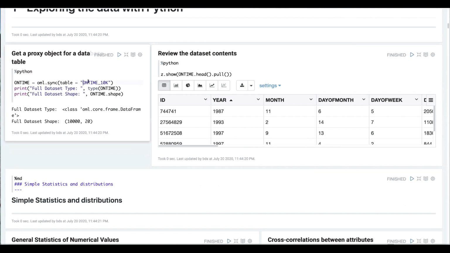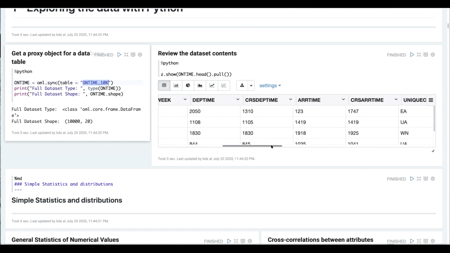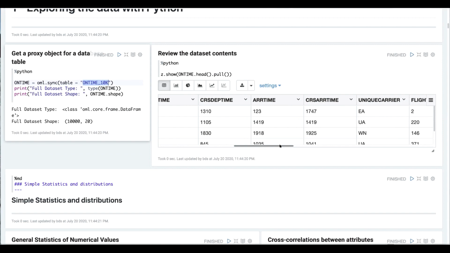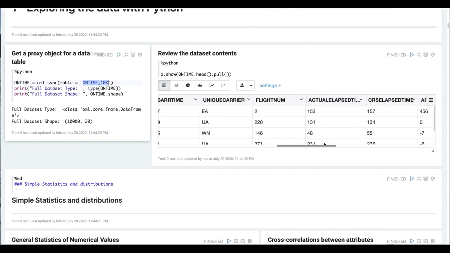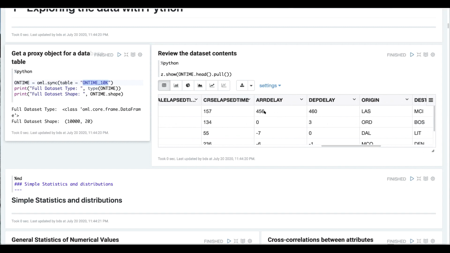So this time I'm using an on-time data set with 10,000 records. It's a small sample, because I wanted you guys to have a visual when I do my plots and all the models. If you look at the contents, you can see I have a year, month, day of week, departure time, then you have arrival times, carrier, flight numbers, elapsed times, and this is what I'm interested in: the arrival delay and departure delay.